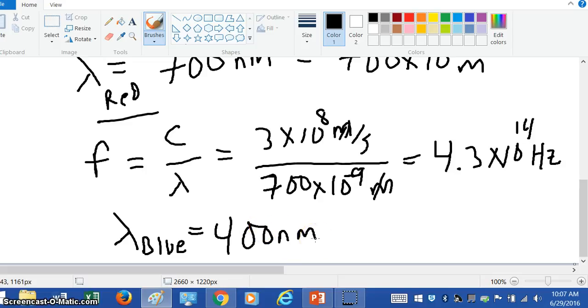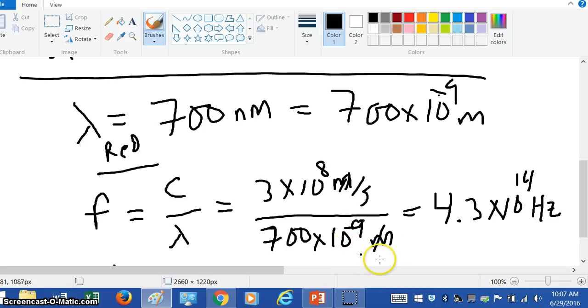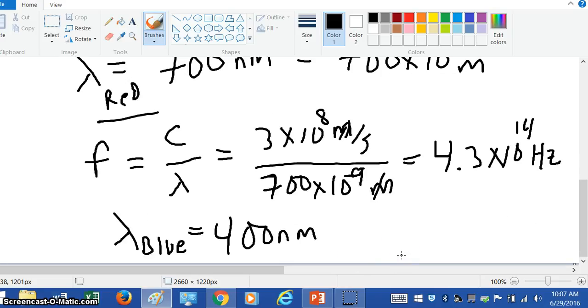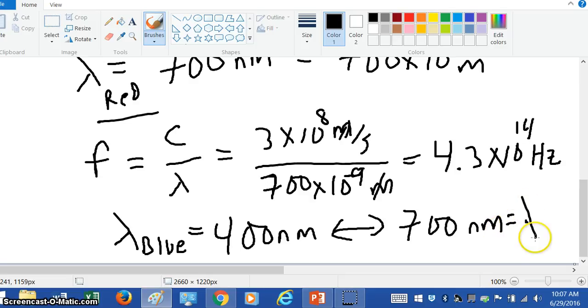So if you're ever asked a question, is a particular form of electromagnetic radiation in the visible, it's got to be between 400 and 700 nanometers. So this of course is lambda red.